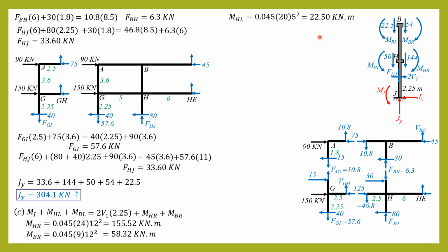Then MBL, 0.045, the load is 9, so times 5 squared is equal to 10.125 kilonewton meter.